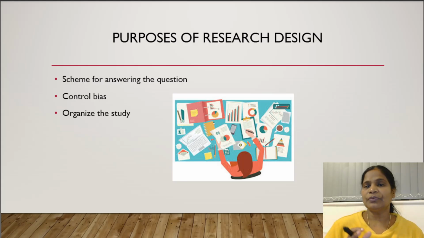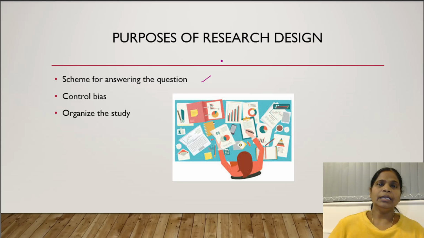Coming to the purpose of research design. The first is a scheme for answering the question. Why do you want to have this overall blueprint or strategy? Because it shows a pathway for answering the question. The question is nothing but the problem statement, what you want to find out, the purpose.